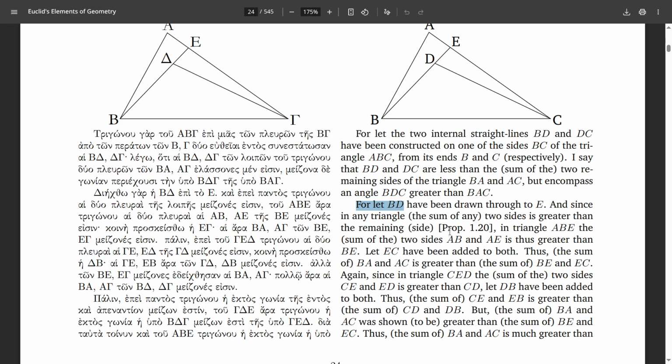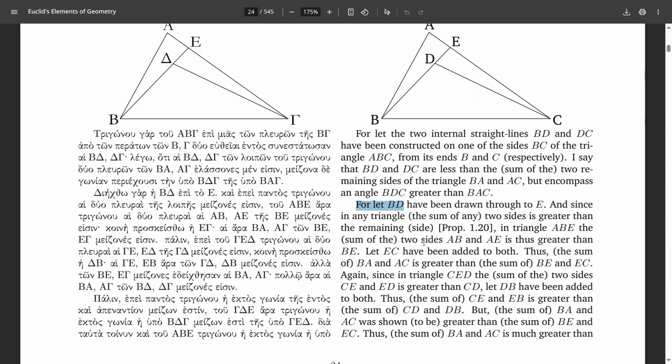Greater than the right side. In triangle ABE, the sum of the two sides AB and AE is thus greater than BE. This one is greater than that for sure. Right? Is that what it said?